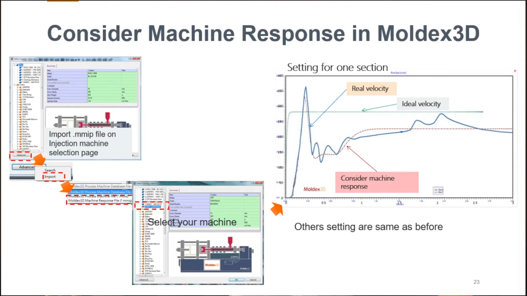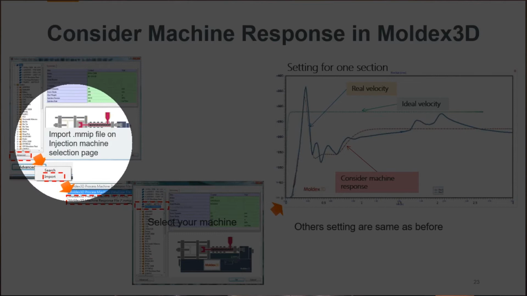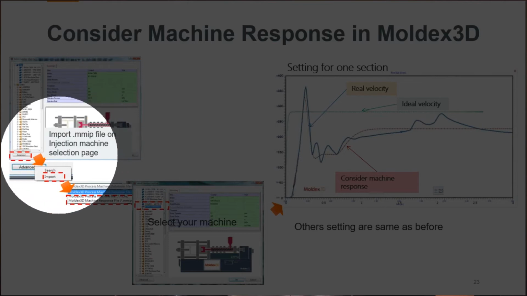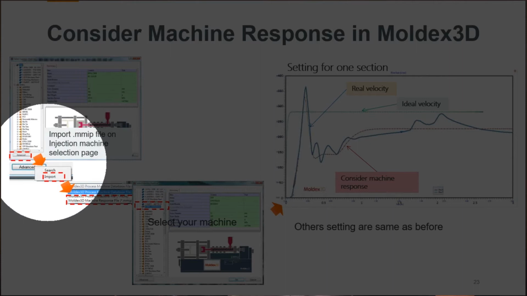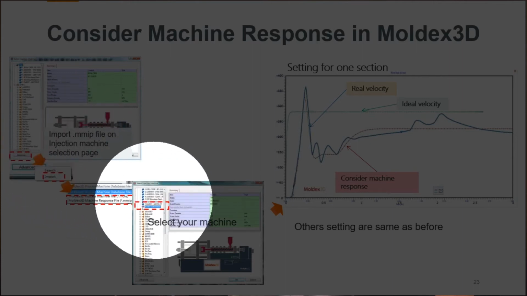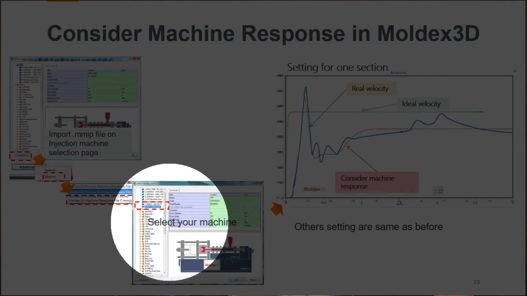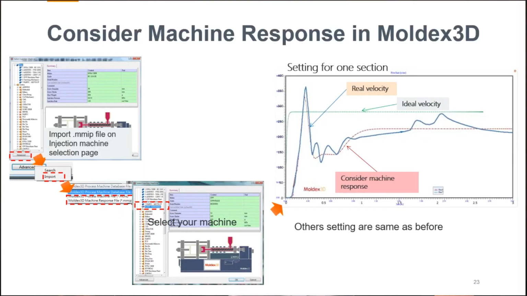Is it complicated? Once the customers get the MMIP file, they can simply use the machine mode and import the MMIP file. Once they import it, it will be imported into the database, and they just have to select this machine, and all the rest remains the same.